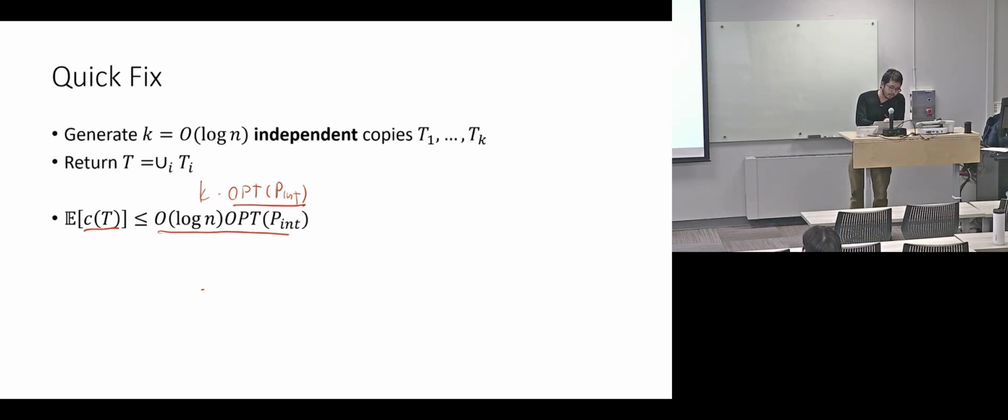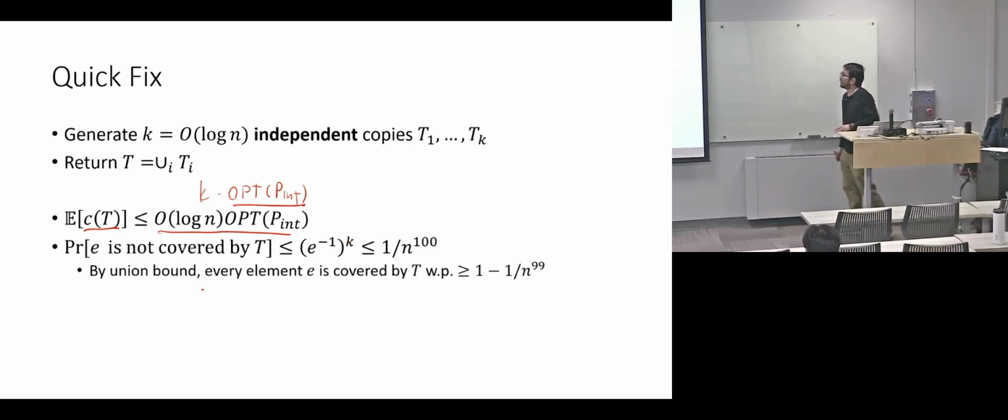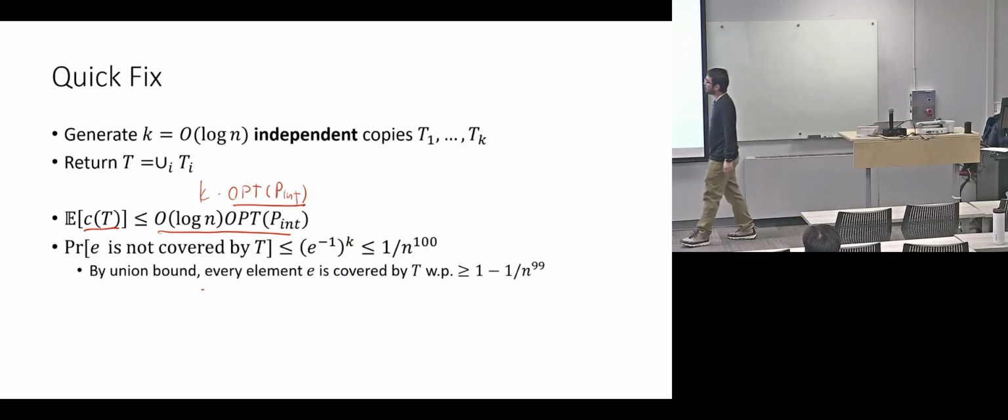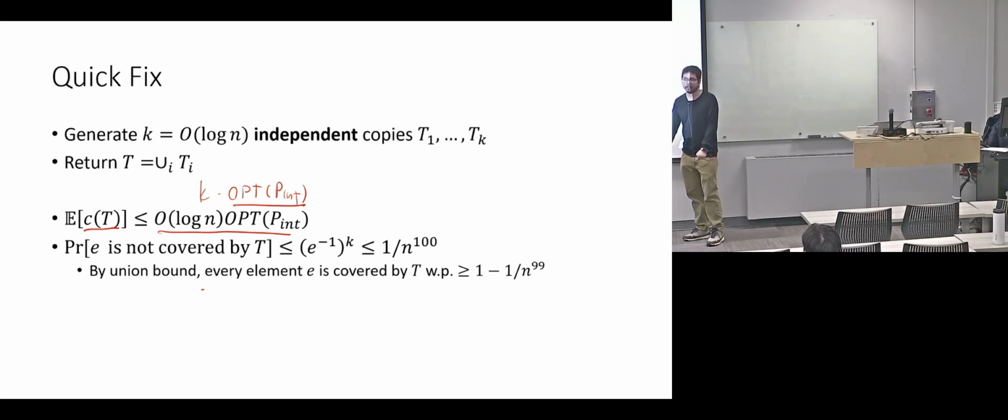So this is basically a log n factor more. But now each element will not be covered with probability something like e to the minus k, where k is like log n. And now you do a union bound over n elements. So now every element will be covered with high probability.